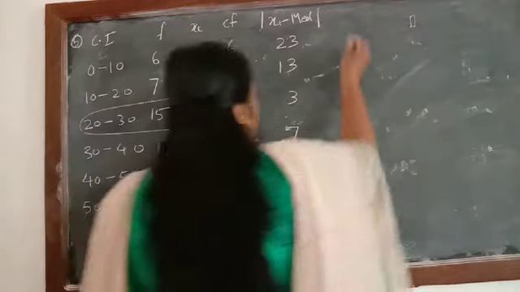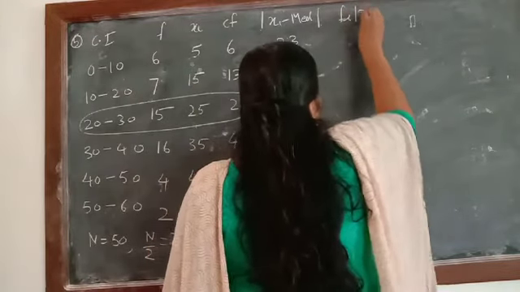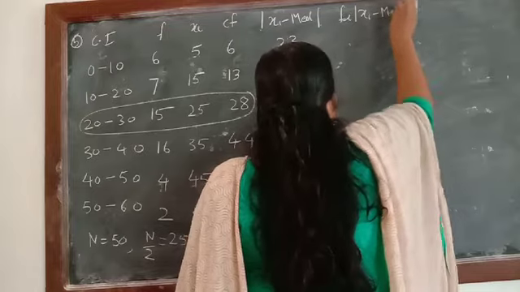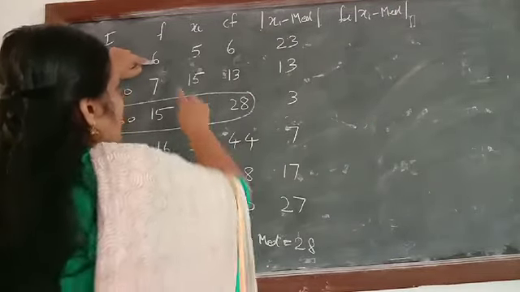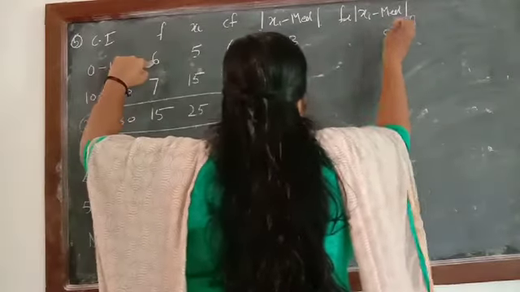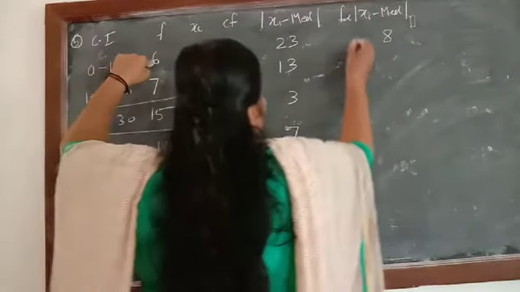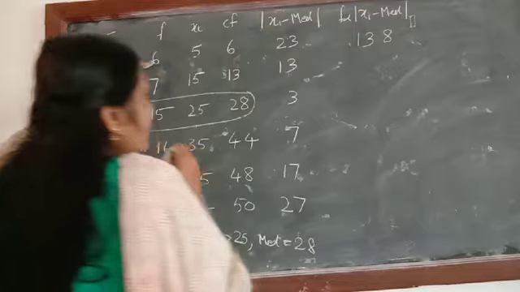Then next again we need fi into modulus of xi minus median. Now just to do the multiplication, fi is this one. So 6 3s are 18, carry over 1, 6 2s are 12 plus 1, 13, 138.